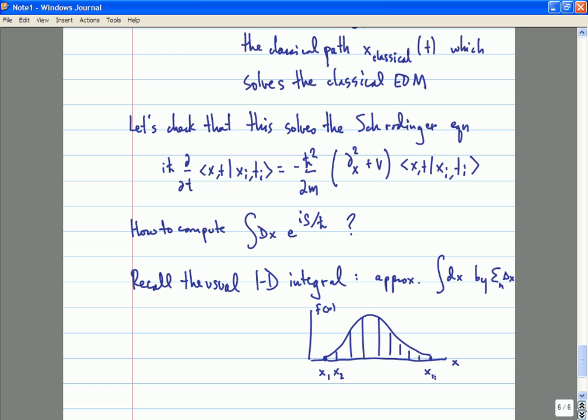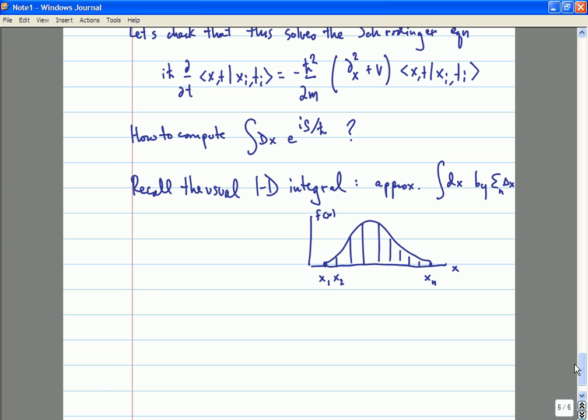Then you evaluate the function on those points, and the integral dx of f of x is the sum over n of f evaluated at those points times the distance delta x between those points. Here delta x would be the range of integration, in this case xn minus x1, over n. And this approximation will become exact in the limit where n goes to infinity.